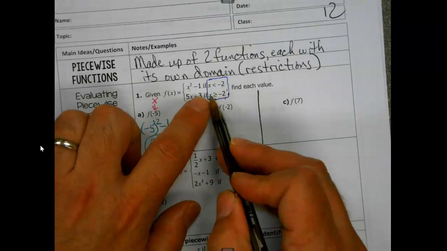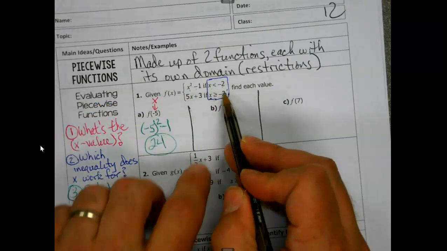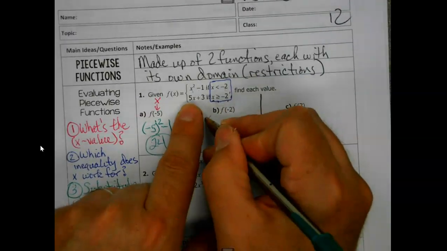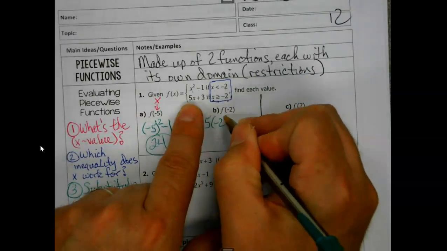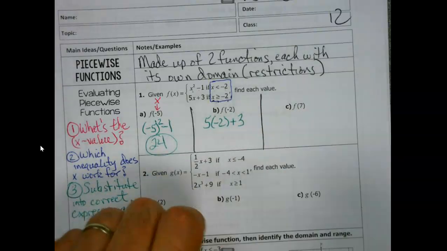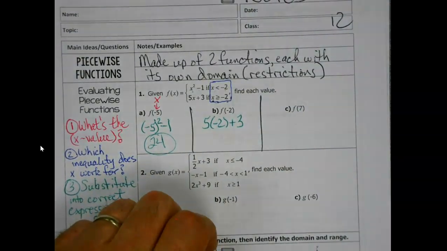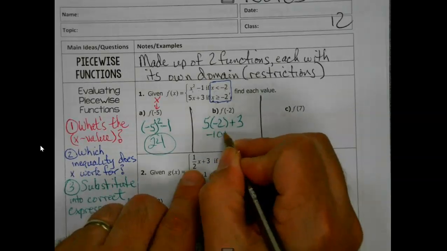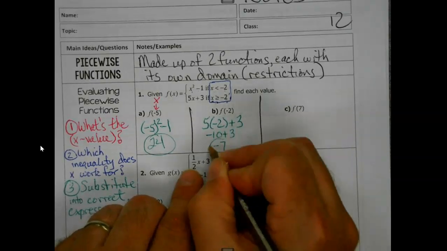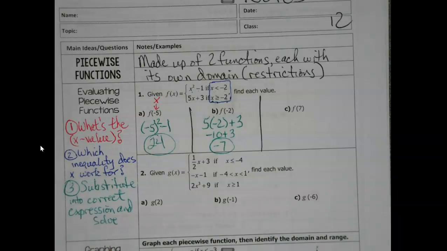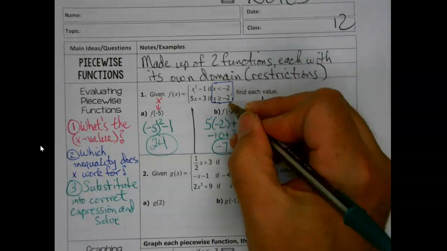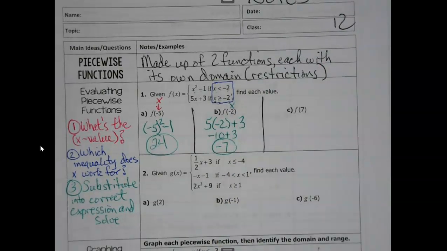Yeah. -2 is equal to -2. So this time, we're going to use the one on the bottom. So we're allowing only one equation, one expression per time, but we're always trying to figure out the number we plug in from here, our x value, is only going to fit in one of them.